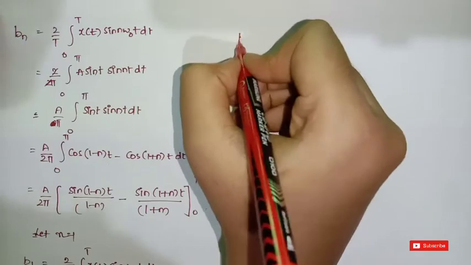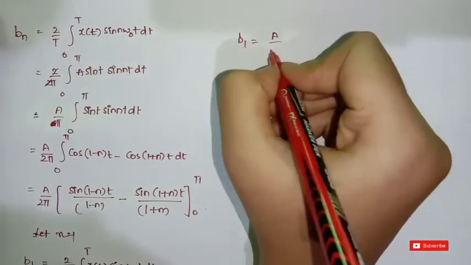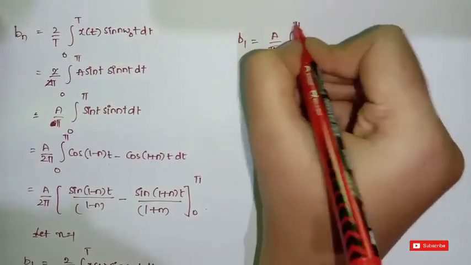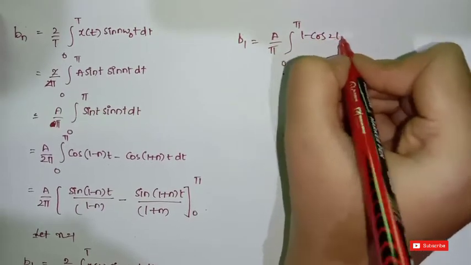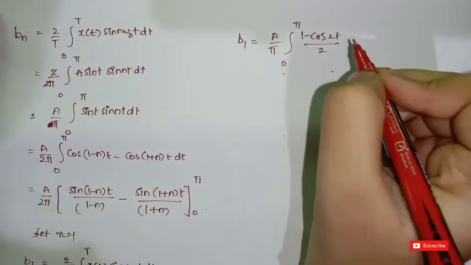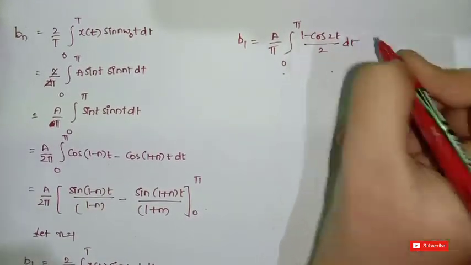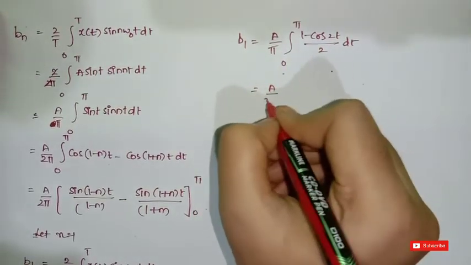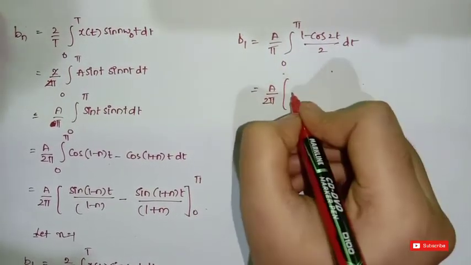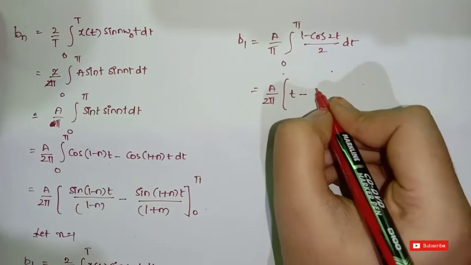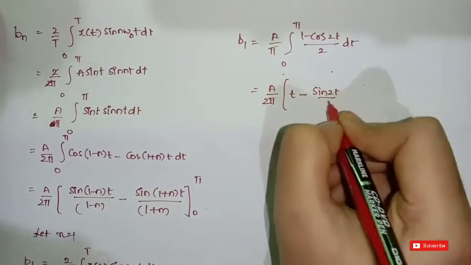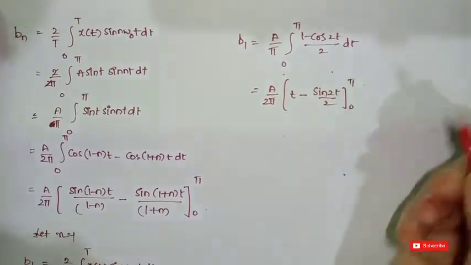So b1 is equal to a by pi integral 0 to pi 1 minus cos 2t by 2 dt. A by 2 pi integral 1 dt is nothing but t, minus integral of cos 2t is sine 2t by 2, in between the limits 0 and pi.